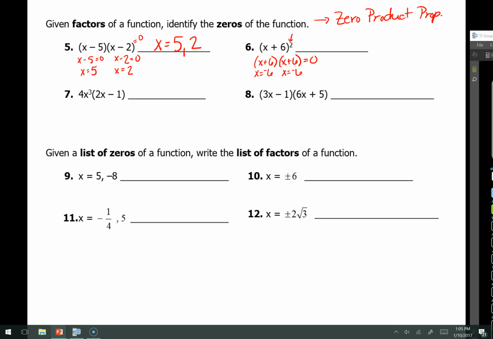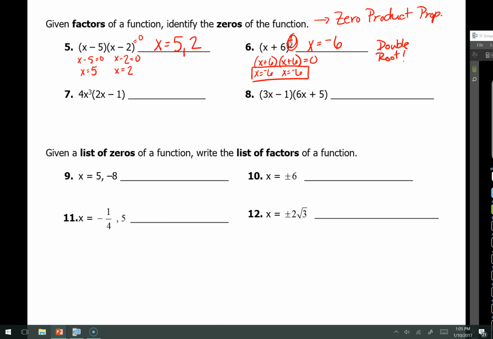This would be a bounce if we were looking at the graph. So the solution is that x is equal to negative 6, but there is this double root or multiplicity of 2. Because technically speaking, there are 2 negative 6's that are answers because of this multiplicity of 2.